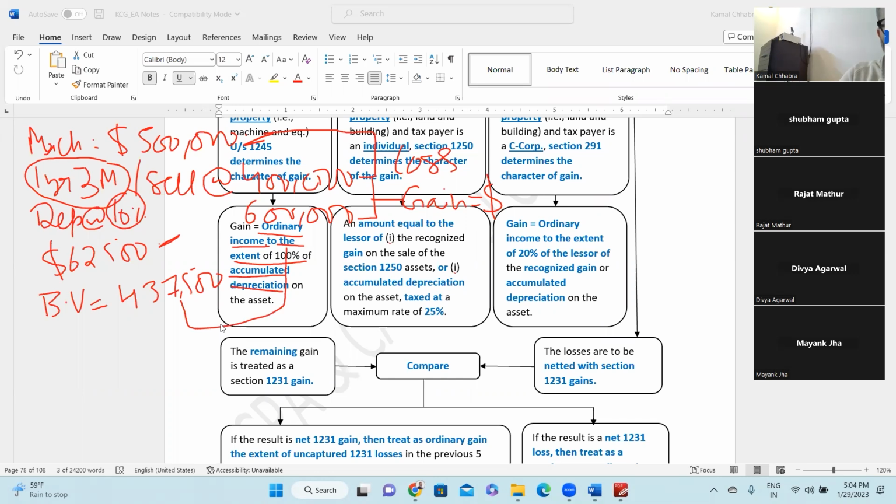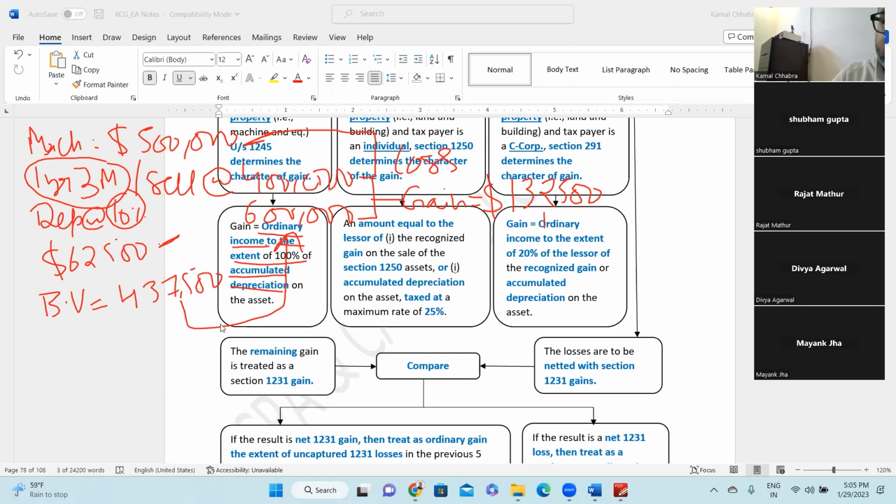Your book value and the sales price. How much is the gain? Hope I'm doing the math correctly. So you have a gain of 132,500.